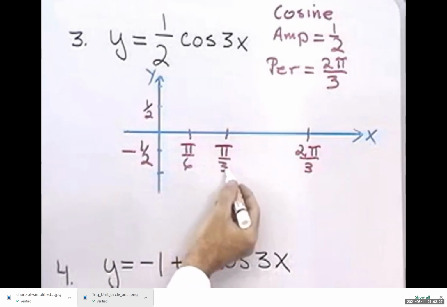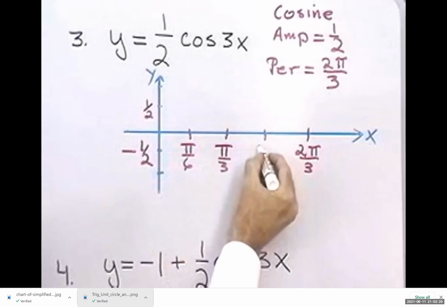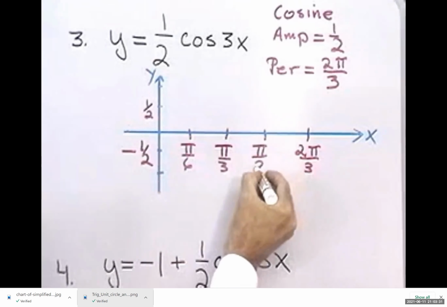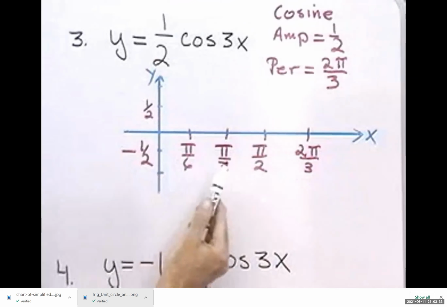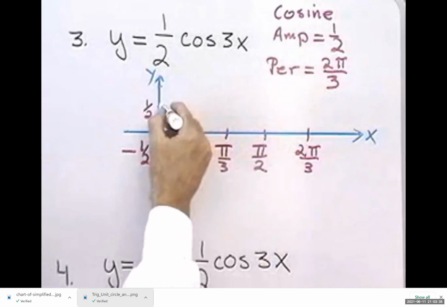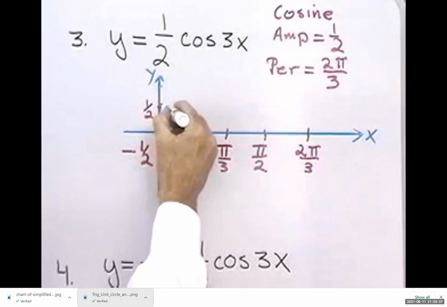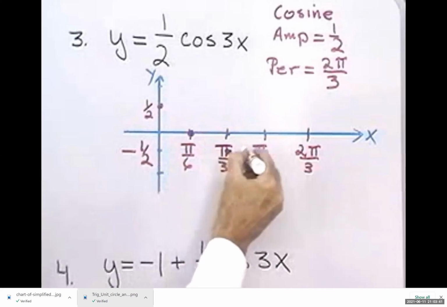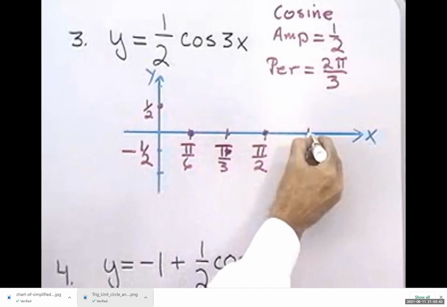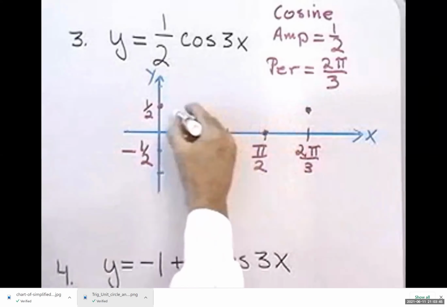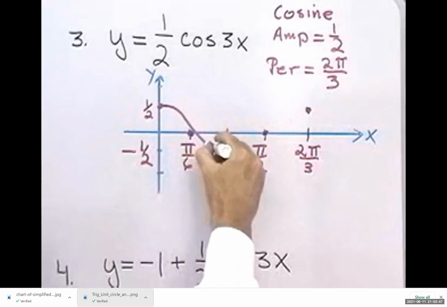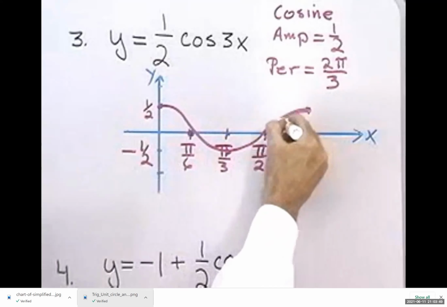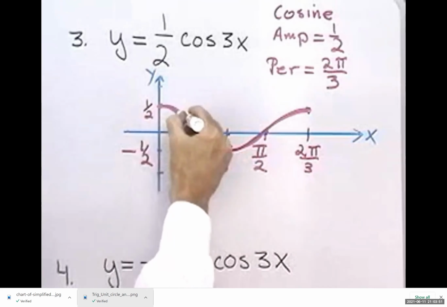So I have 1 pi over 6, 2 pi over 6, 3 pi over 6, which is pi over 2. This is a cosine curve, so it will start up at the amplitude of 1/2, come down to 0, go down to negative 1/2, back up to 0, and then back up to 1/2. If I sketch one complete cycle of that cosine curve, it will look something like this.